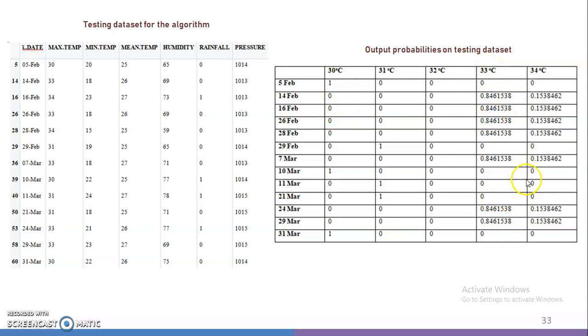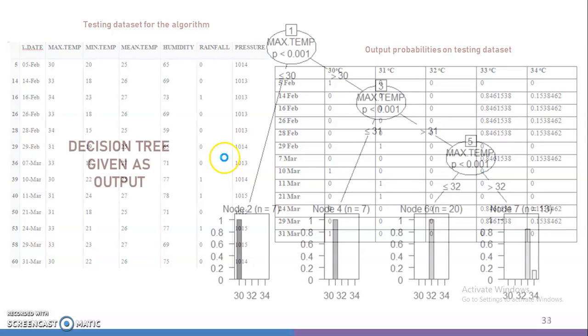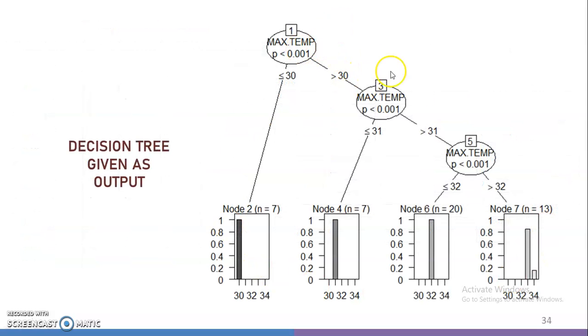Like this, the others are also, these are the probabilities, like these are demonstrated and determined by the algorithm based on this. And this is the decision tree, like if the maximum temperature is less than 30 degrees, we can directly go and say that the next day's temperature will be 30 degrees, and if it is greater than 30 degrees, we will again check if it is less than or greater than 31.